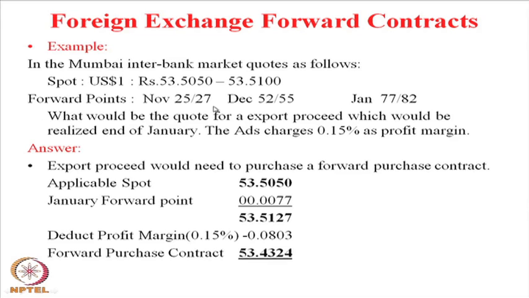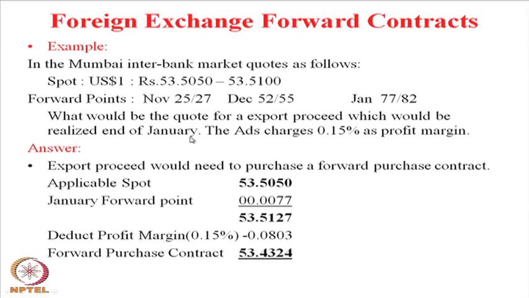In the November month, if you want to calculate the forward contract rate, that forward points are given. If you want to calculate the forward contract for December month, forward points are given. If you want to calculate the forward contract for the January month, forward points are given. What would be the quote for export proceed which would be realized end of January?